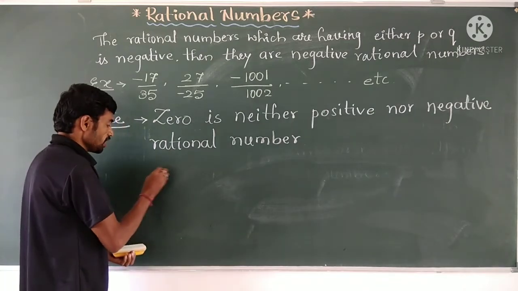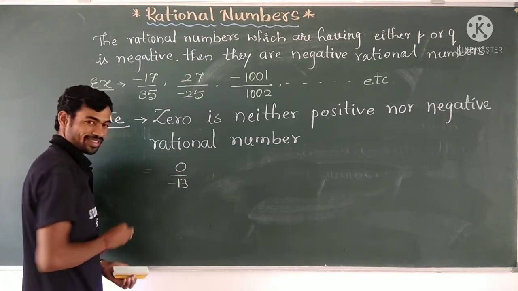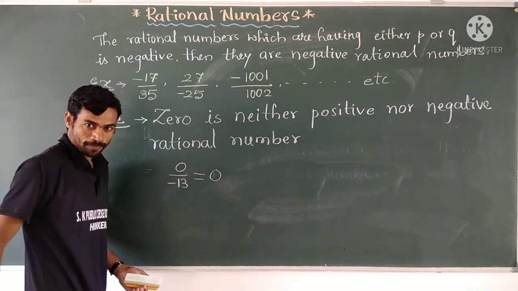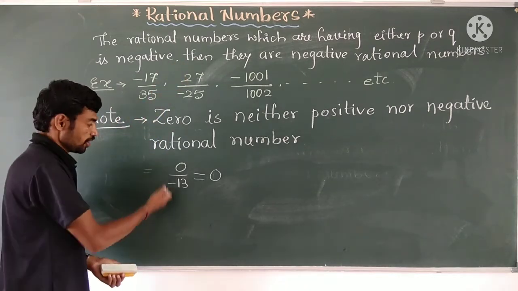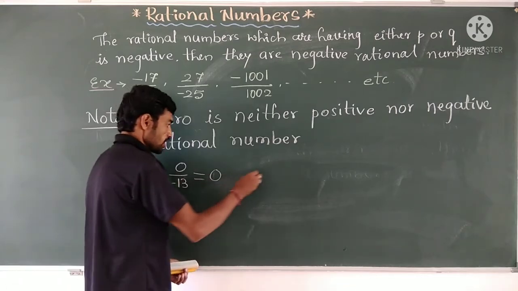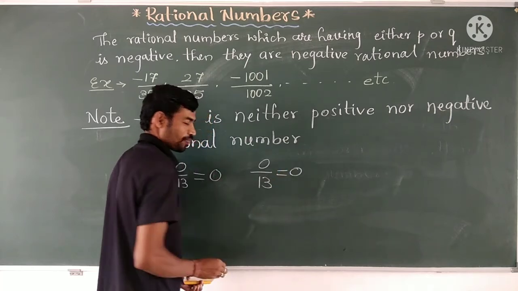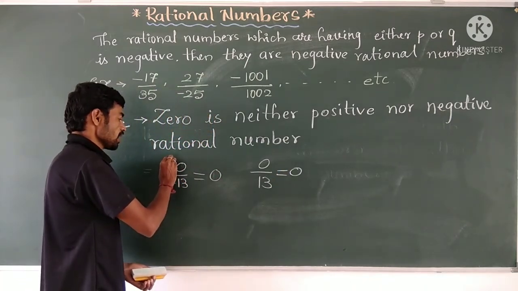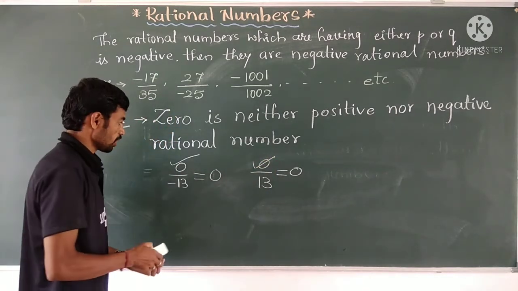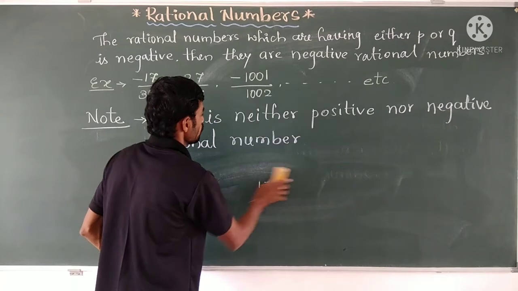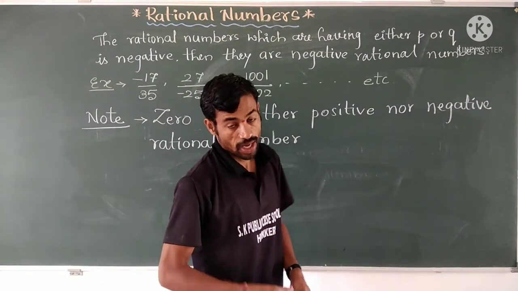Because we can write 0 by minus 13, whose value is 0 only. By the negative rational number definition, we could call this negative. The same 0 by 13 we can also write, and its value is also 0. So 0 is neither a positive nor a negative rational number.